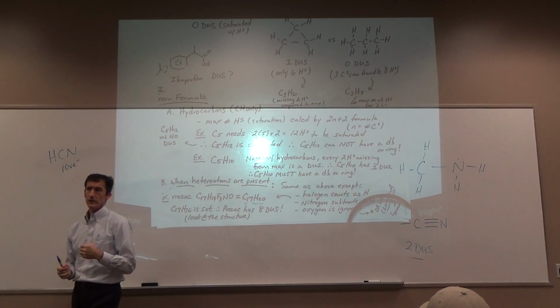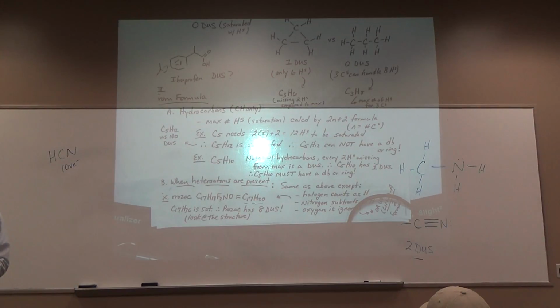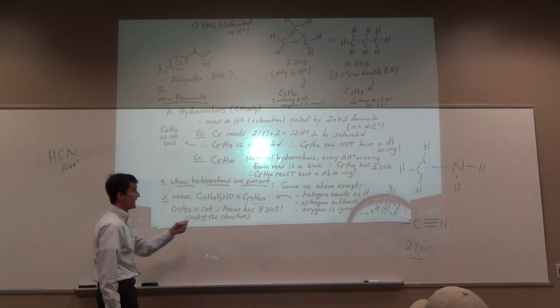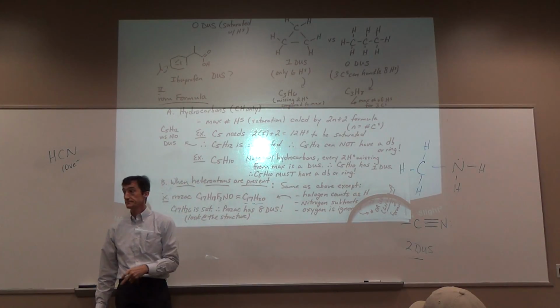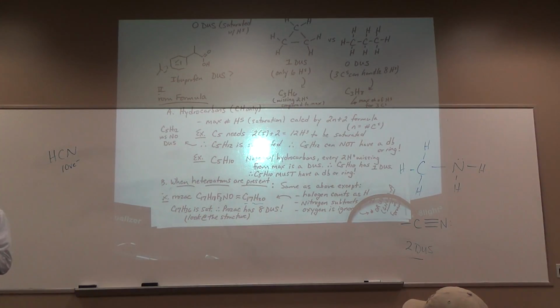C17, how many are maximum? 36. 20 plus 2? I don't see 36. How many am I missing? 16. Divide that by 2. 8 DUS. Right?